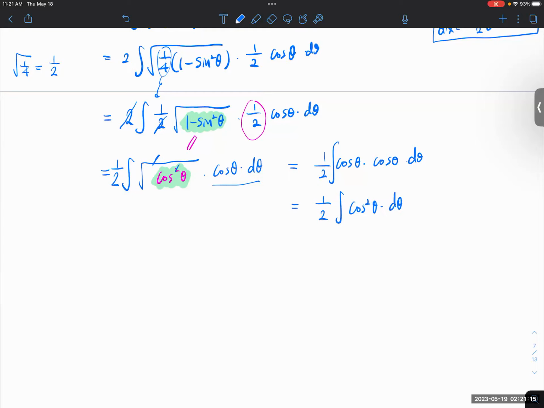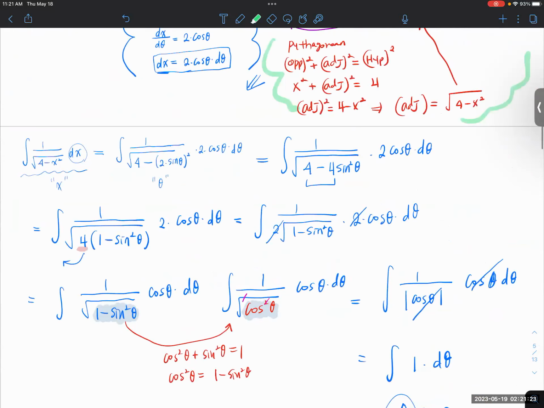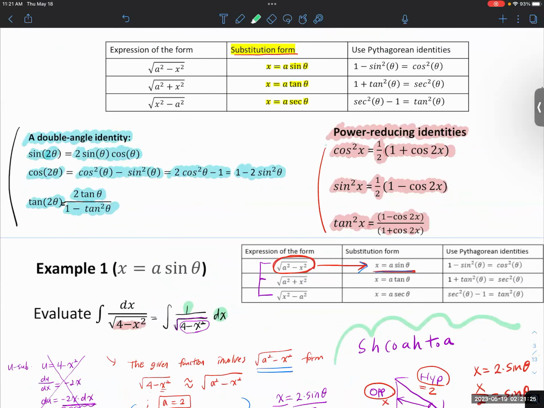So it looks like we still have a second power. So watch me here. Cosine squared theta, go up. Do you remember the power reducing identity? I'm going to rewrite it. Cosine squared theta is the same as, you can replace it by 1/2 times 1 plus cosine 2 theta.